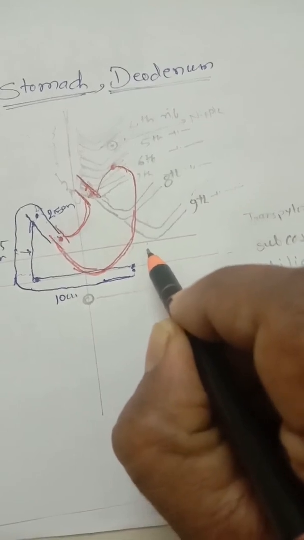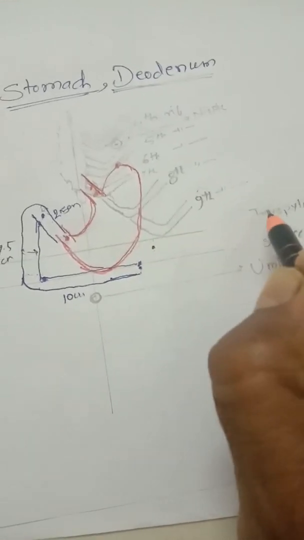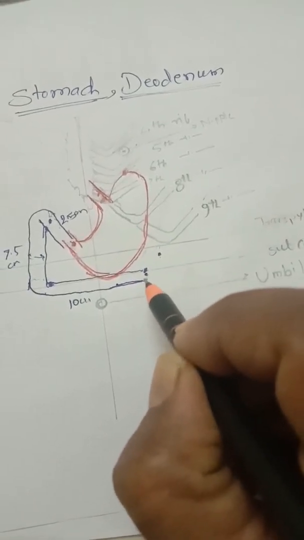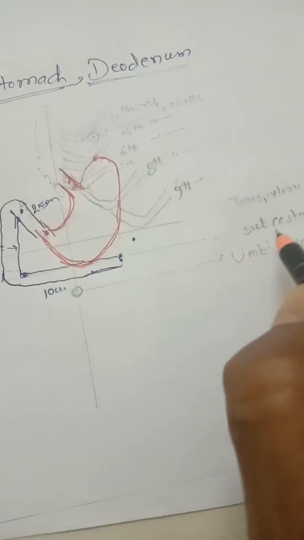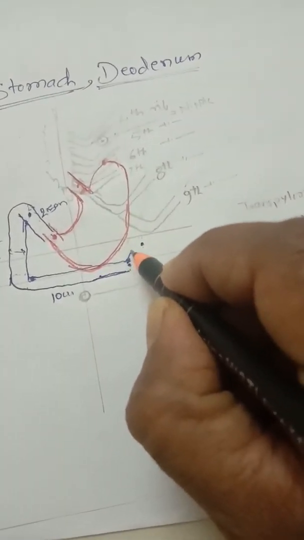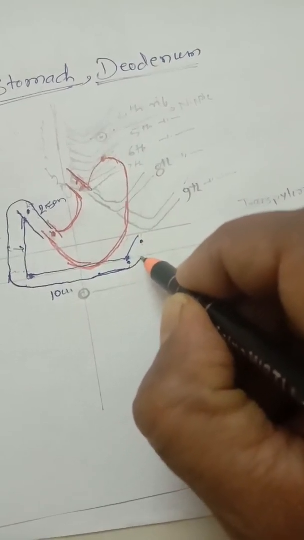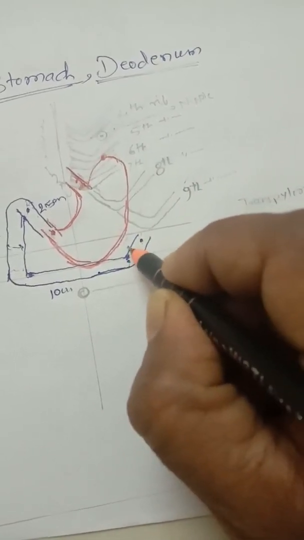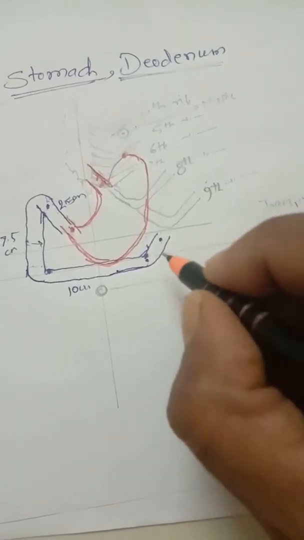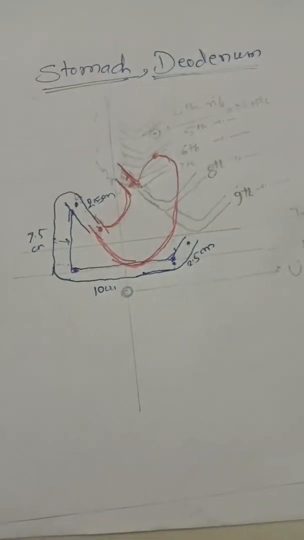So consider the point which is 1 centimeter below the transpyloric plane, with a length of 2.5 centimeter above the subcostal plane. Draw again two parallel lines 2.5 centimeter apart from each other. So that is the fourth part of the duodenum, which has 2.5 centimeter in length.